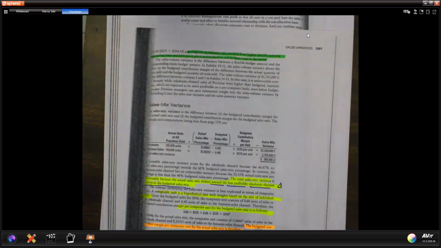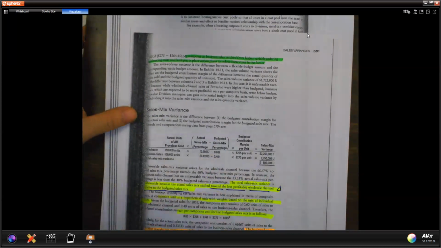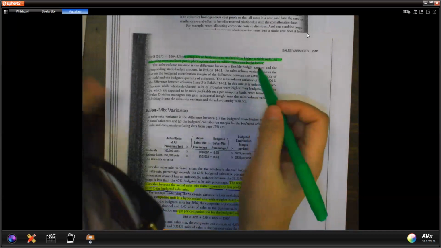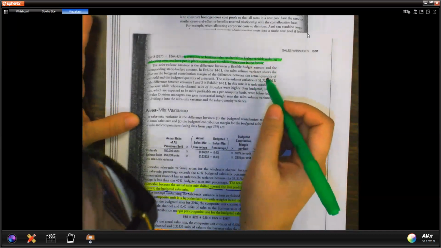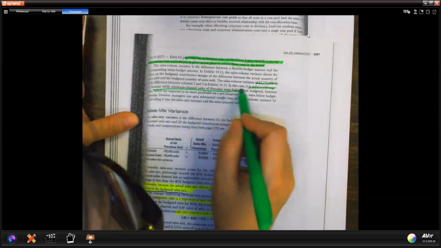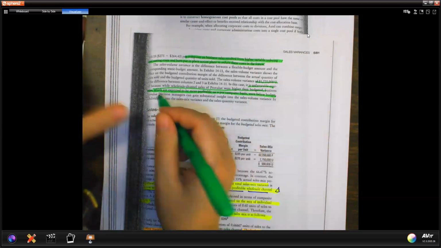And then what I want you to do is also read the textbook. It also tells you something, right? It said sales volume variance is unfavorable because the first one is better, but the second one is really bad, right?